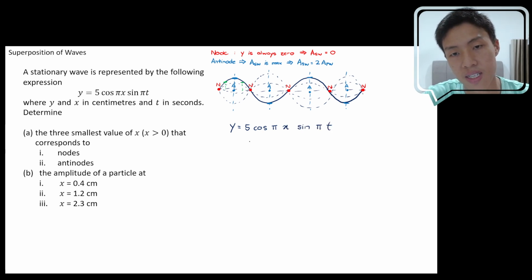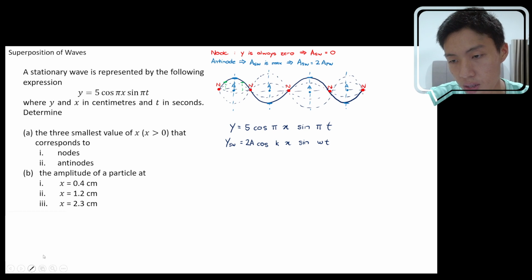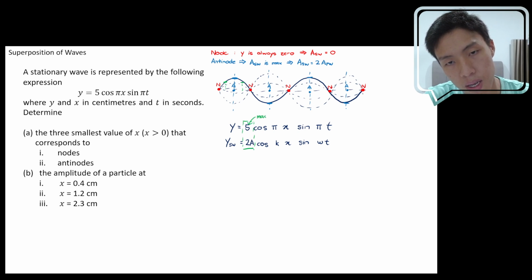This is a standing wave equation, so we can compare it with the general equation of a standing wave, which is y equals 2a cos kx sine omega t. By doing a simple comparison, we can see that 2a here represents the maximum amplitude that can be achieved.